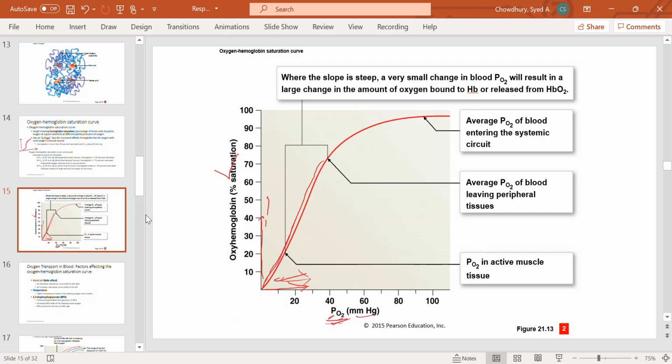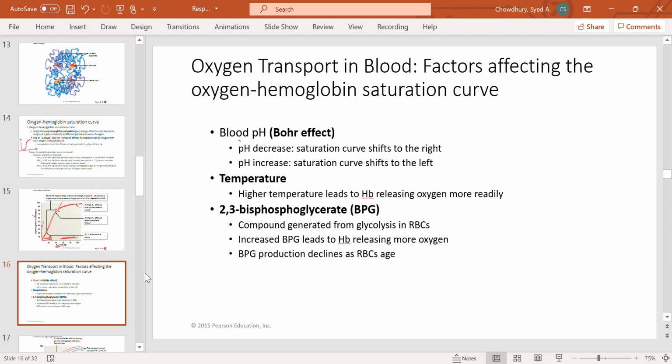With a small pressure increase, the oxygen will quickly bind with those empty hemoglobin. Now when hemoglobin gets more and more saturated, then even if you increase the pressure a lot, the binding will be less. That's why you see it kind of flat here, no more sharp rise. So that's the oxyhemoglobin saturation curve, and conditions can change the binding or saturation.